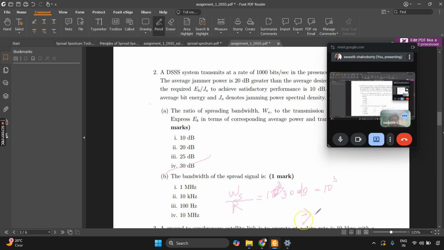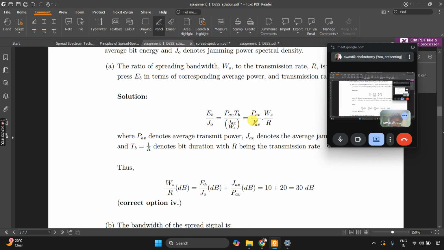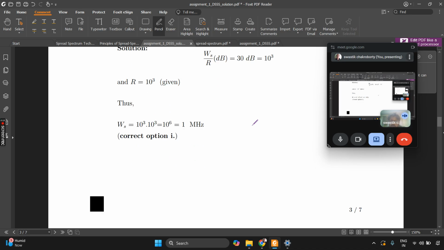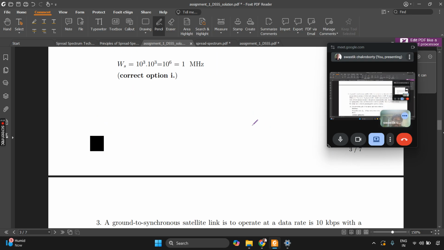So Ws is 1000 times the transmission rate, which is 1000. So it is 10 to the power 6 hertz, or 1 megahertz. So the correct answer is option 1. Let's see. And voila, the correct answer is option 1.